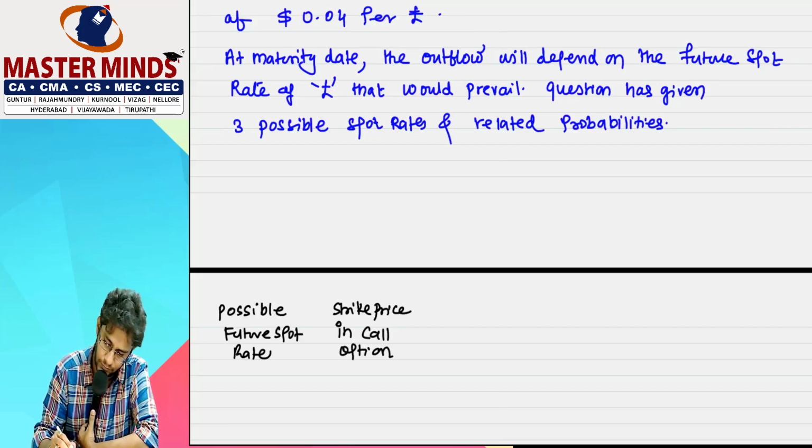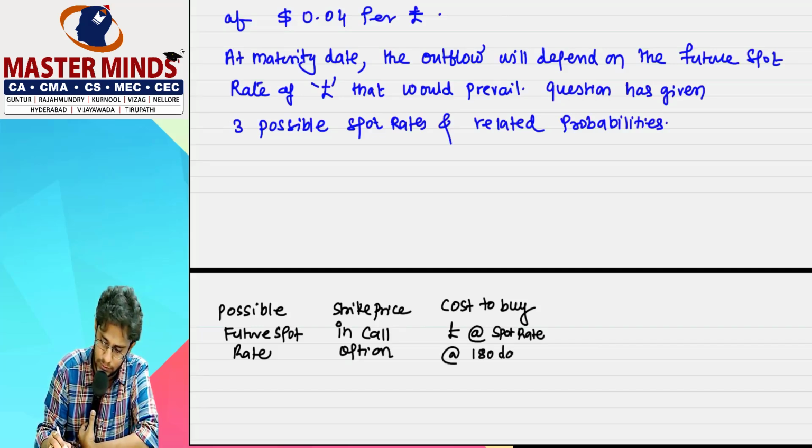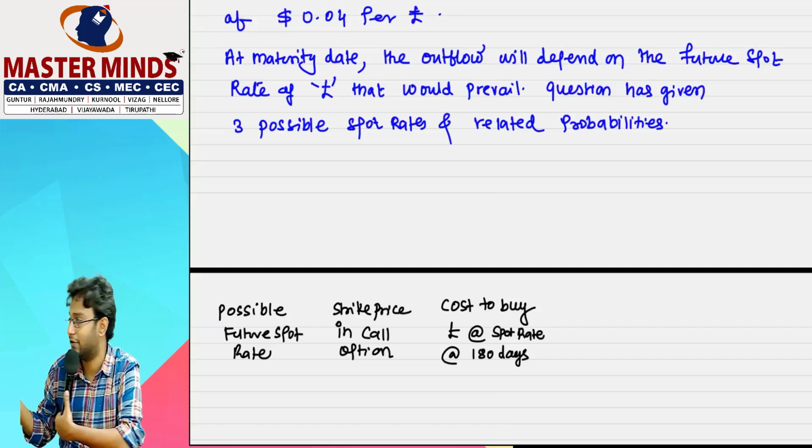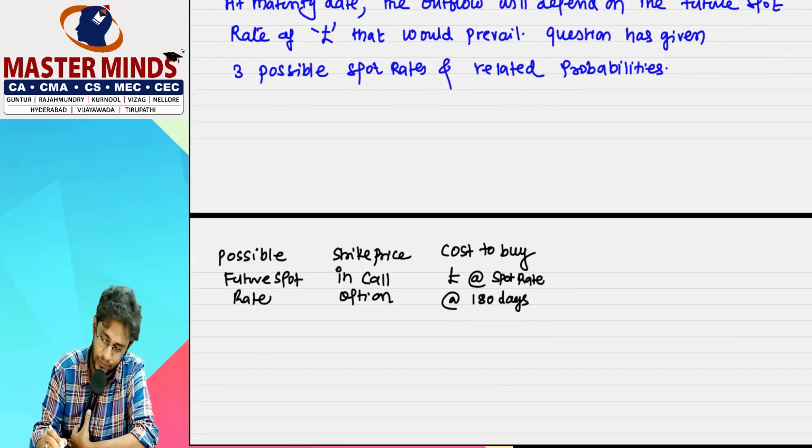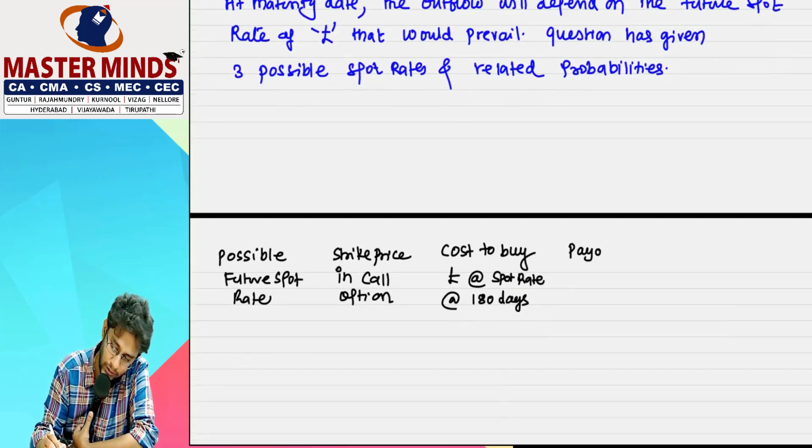Then the cost to buy pound at spot rate at 180 days. This and the first column both will give you the same answer. The fourth column will be the payoff received in the call option.